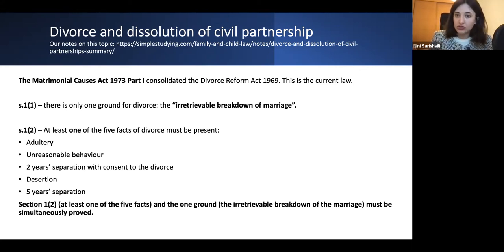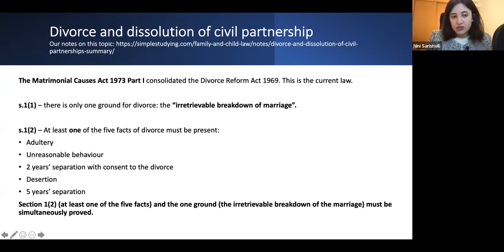According to the Matrimonial Causes Act, there has to be only one ground for divorce, which is irretrievable breakdown of marriage, and at least one of the 5 facts of divorce must be present. As far as I am aware, the new act should include only the first requirement, irretrievable breakdown of marriage, and the second requirement should be annulled, but we don't know if this will come into effect for this year.